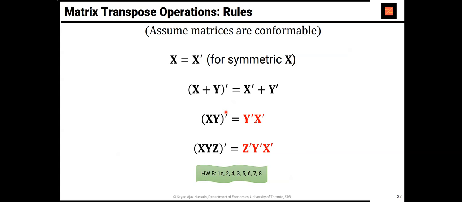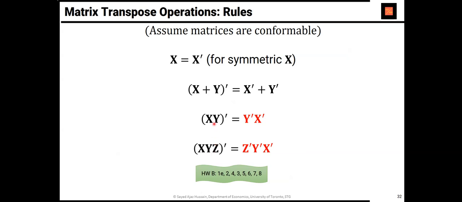However, when you do this on a product, be careful. You do not want to say that this is the same as x transpose times y transpose. Rather, what you want to say is this is the same as y transpose times x transpose. The order shifts.